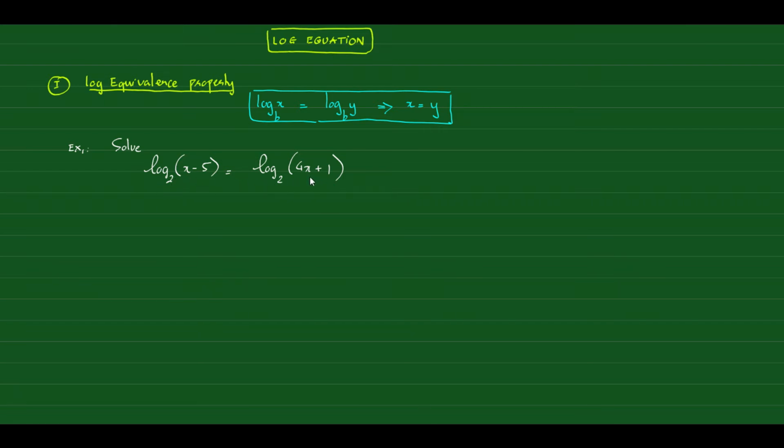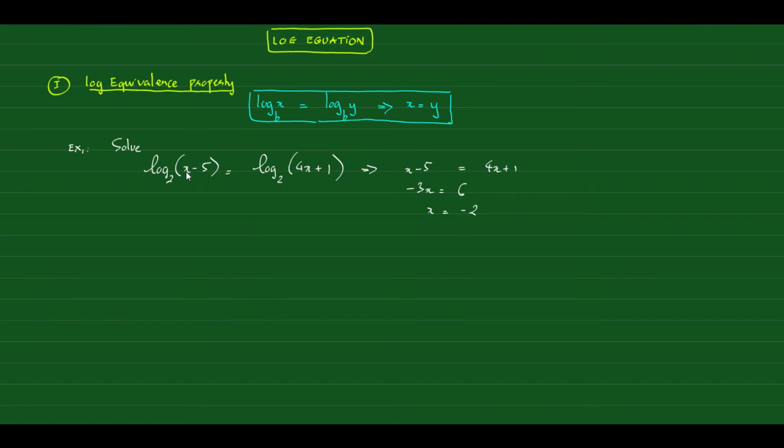Because the base is the same, I can imply the arguments equal each other. So the arguments here give x minus 5 equal to 4x plus 1. Go ahead and solve this. This is basically an equation that gives you negative 3x equal to 6, and x equal to negative 2.